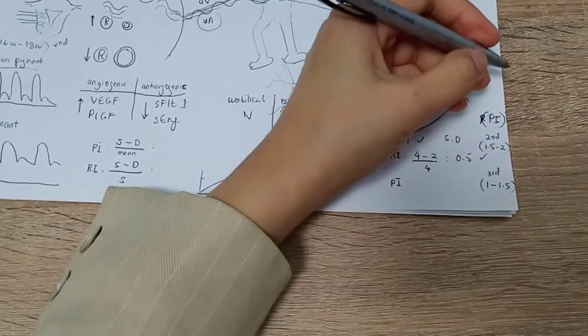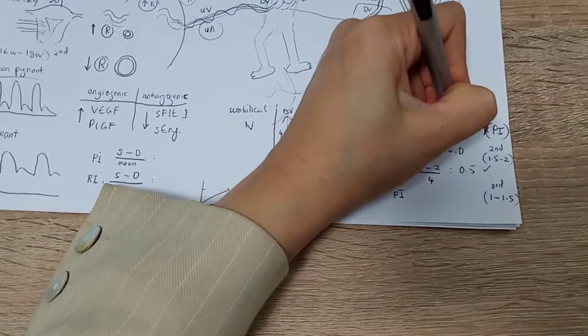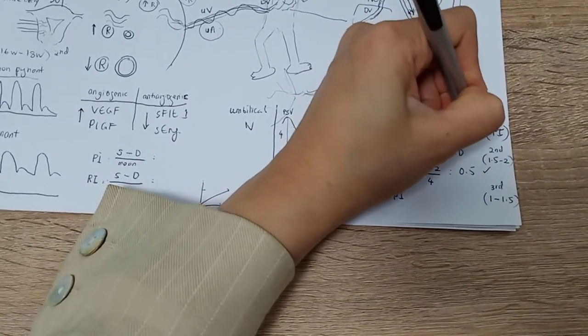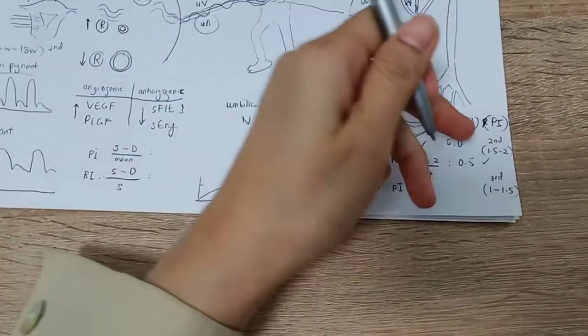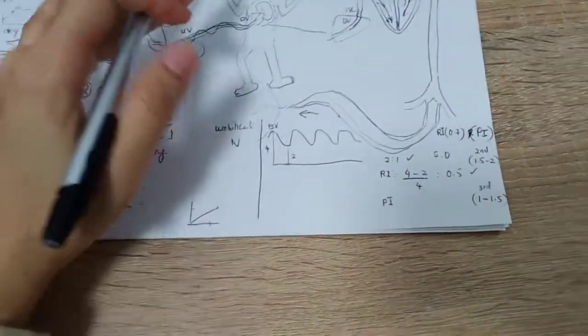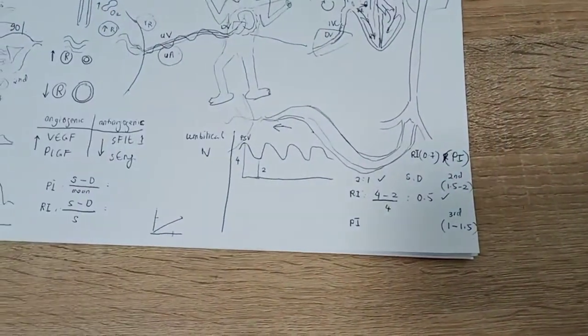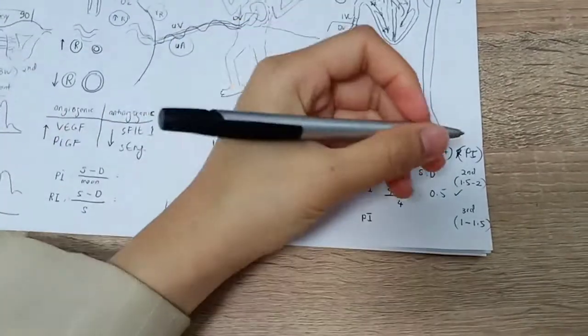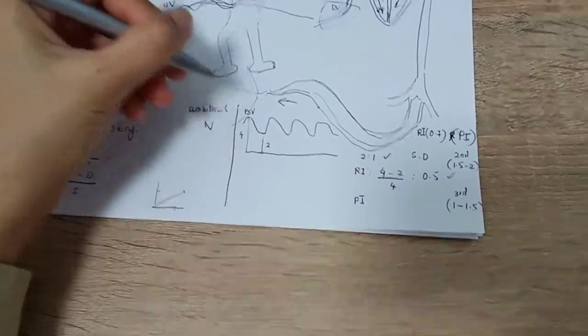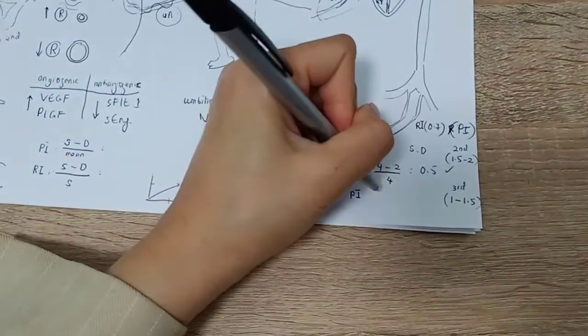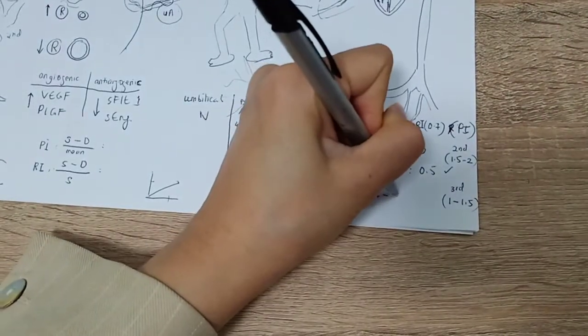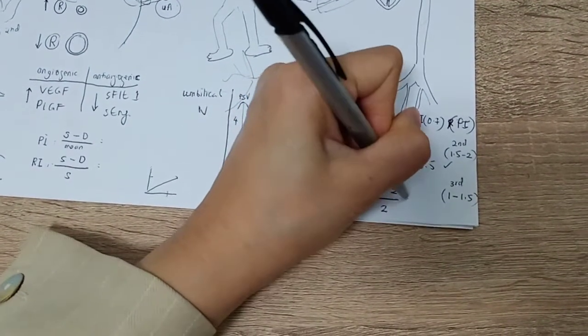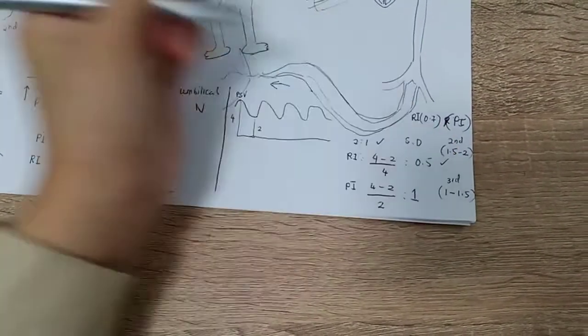For the RI, basically it's 0.7, somewhere there. But anyhow, you can always look at the graph, which is available in the scan machine. So for the PI in these patients, if it's normal, then 4 minus 2 divided by 2, right? So it becomes 1 now.